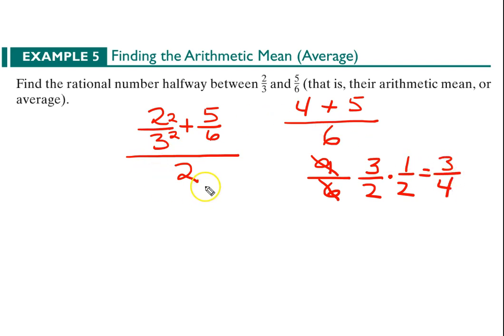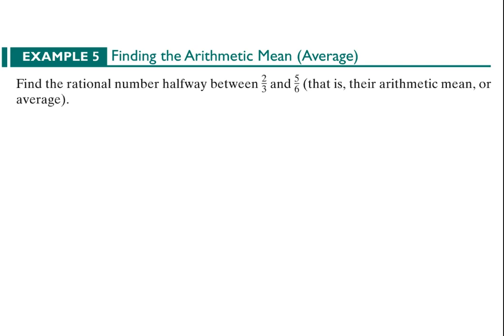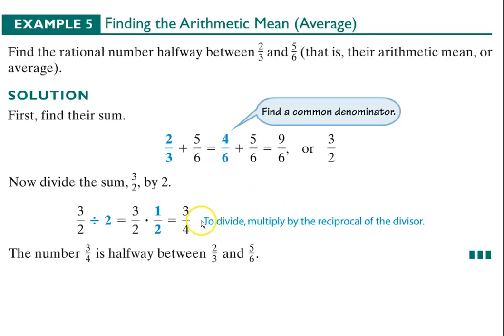And that's our protocol for doing it. And there it is, 3/4. 3/4 is halfway between 2/3 and 5/6. But remember, there's an infinite number of fractions between any two numbers. Just a concept in mathematics.